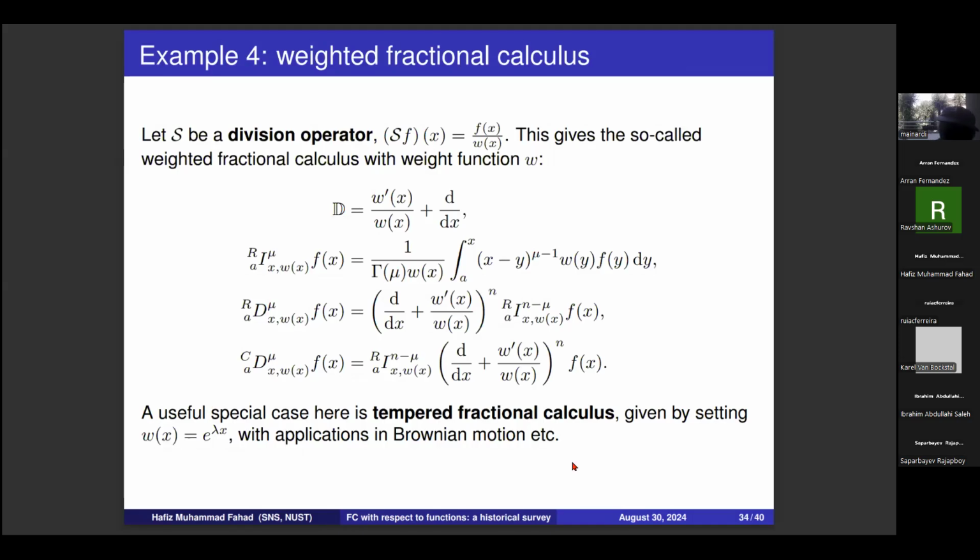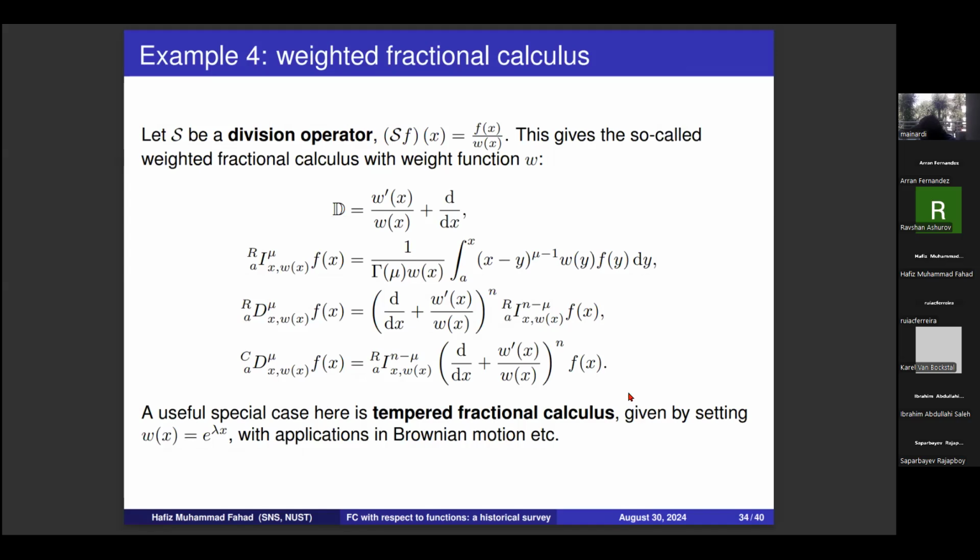Next we have the example of weighted fractional operators. If we consider S a division operator, that is, the action of S gives a division by a weight function W, then this gives us the weighted fractional calculus with the weight function W. In this case, the model of fractional calculus we obtain is given over here.